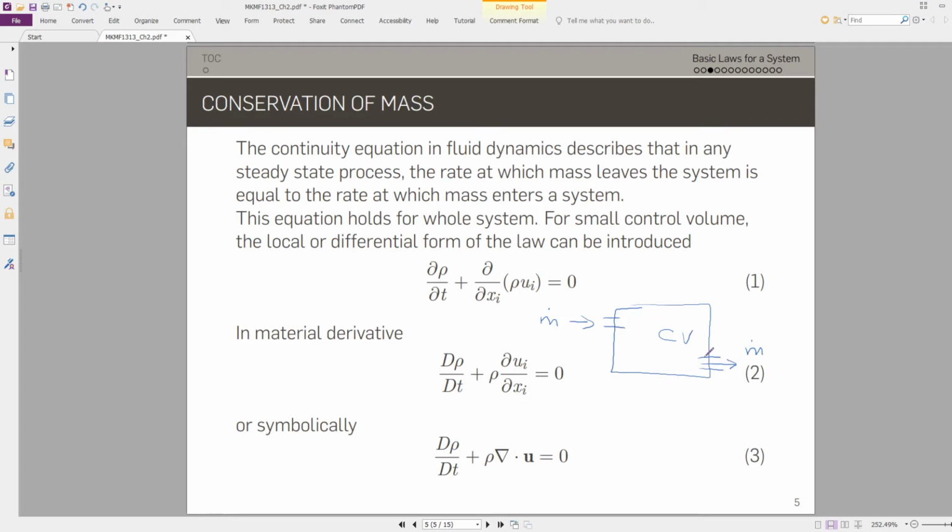So regardless of the size of the entrance and also the outlet of the control volume, the mass at the input gate here, for example, will remain the same as the mass leaving the output gate here.